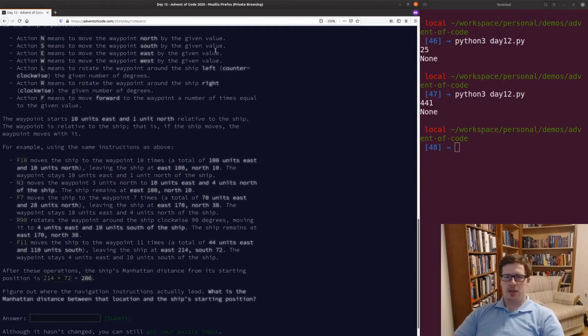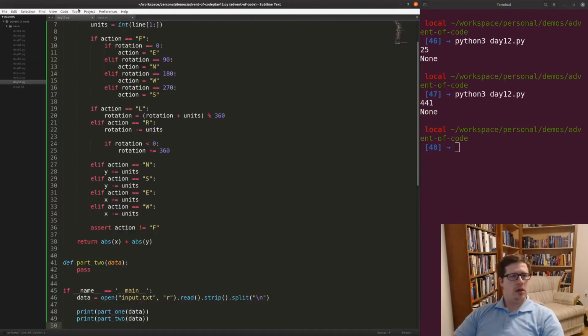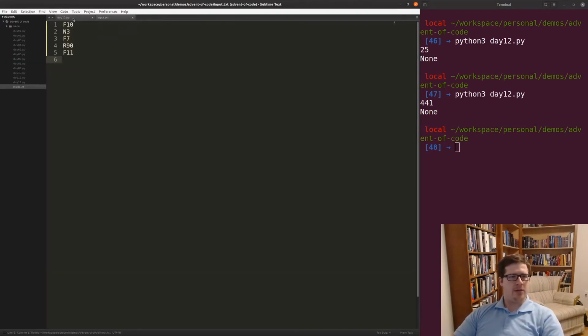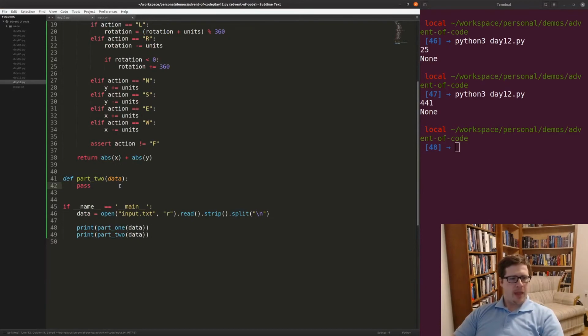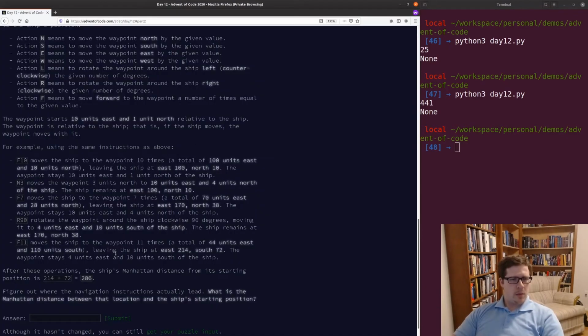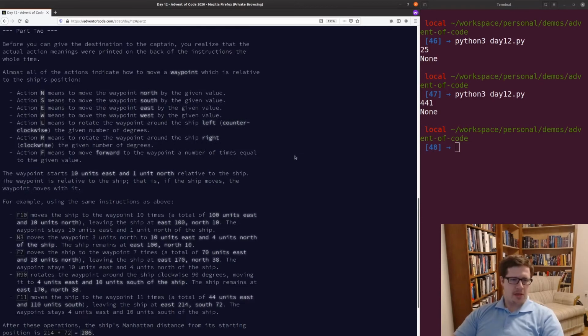So same instructions as before. Let's just back up and use these instructions here. And we should end up with 286 as opposed to 25. That's pretty different. I mean, it's different.